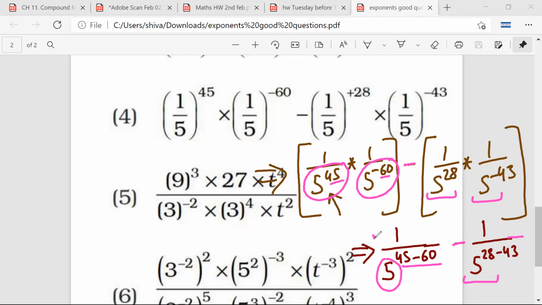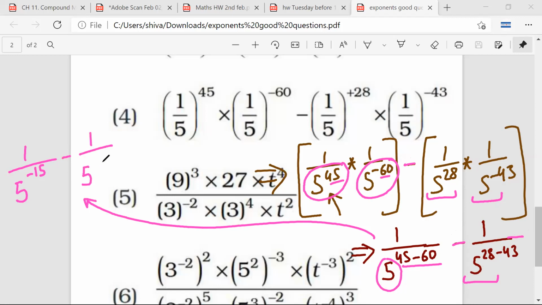I can write this as 1 upon 5 raised to power minus 15, minus 1 upon 5 raised to power, I think it is again minus 15.